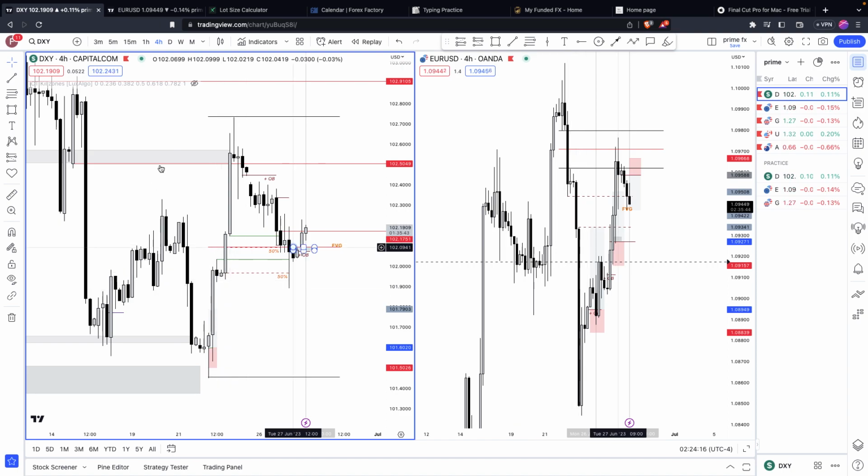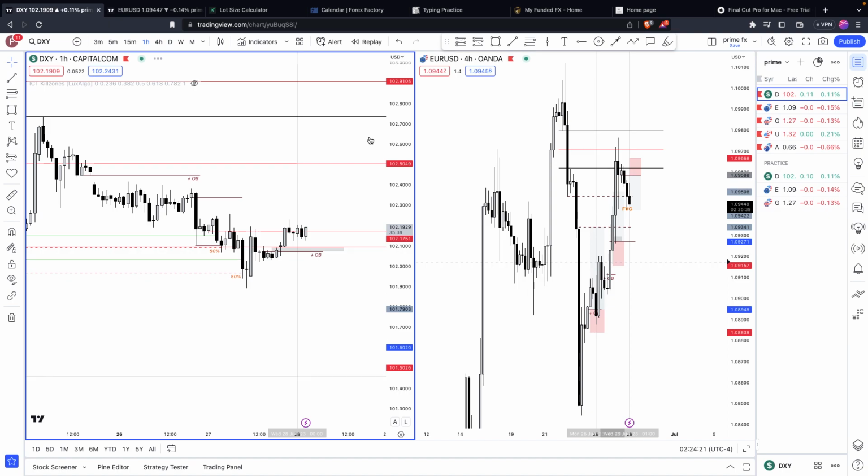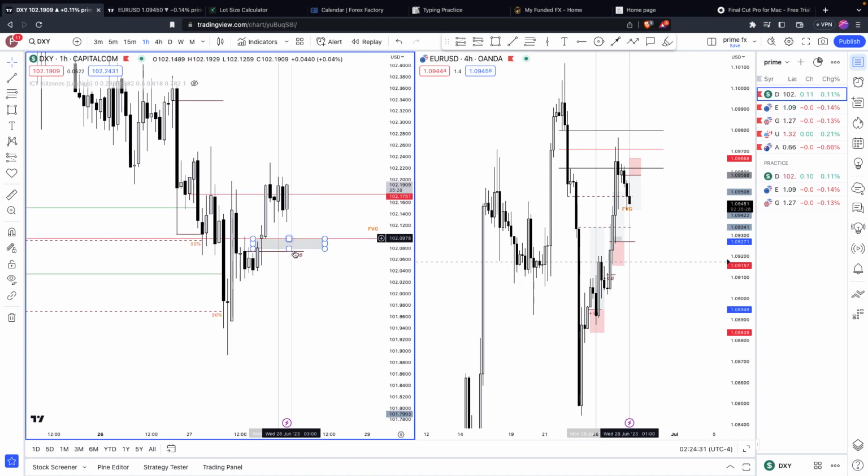So this is telling me that price is actually using this as a bullish order block. And then we check the 1 hour. We see this fair value gap here, sorry, volume imbalance, and we do see this displacement higher taking out this high.